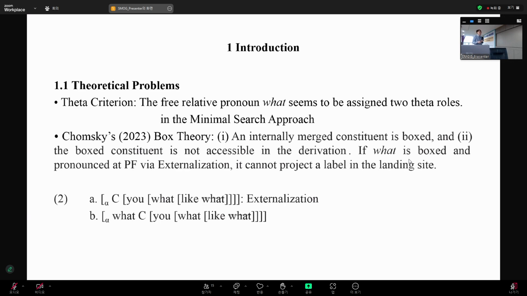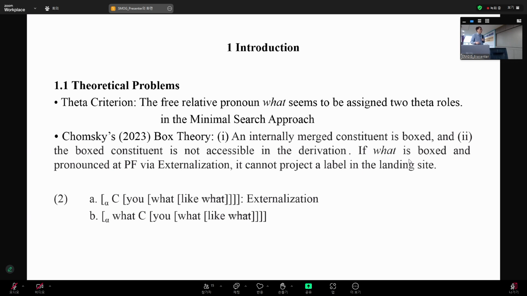Another problem is that it conflicts with the so-called box theory. Because according to box theory, an internally merged constituent is boxed, and the boxed constituent is not accessible in the derivation. The problem in 2A is that what cannot occur in this position in the derivation, so we cannot say that what projects a label in here.